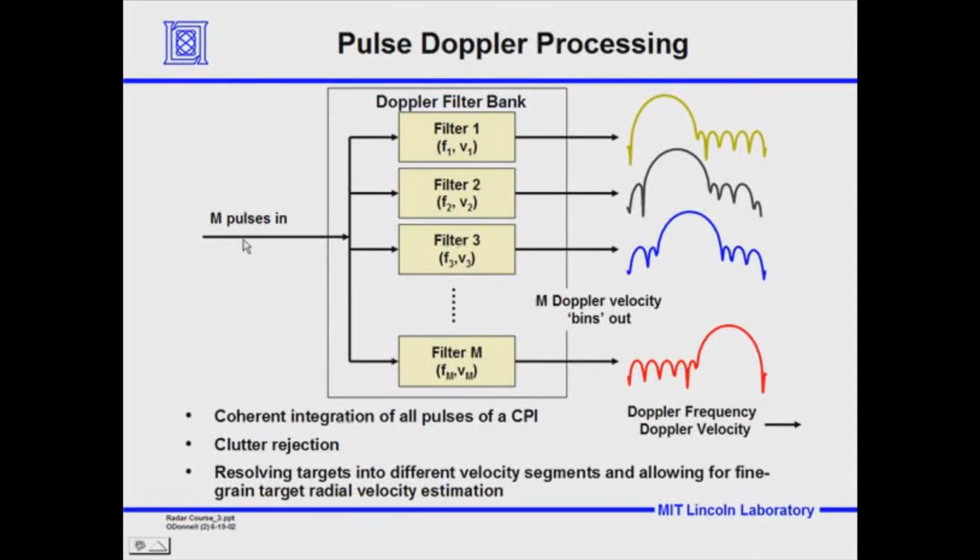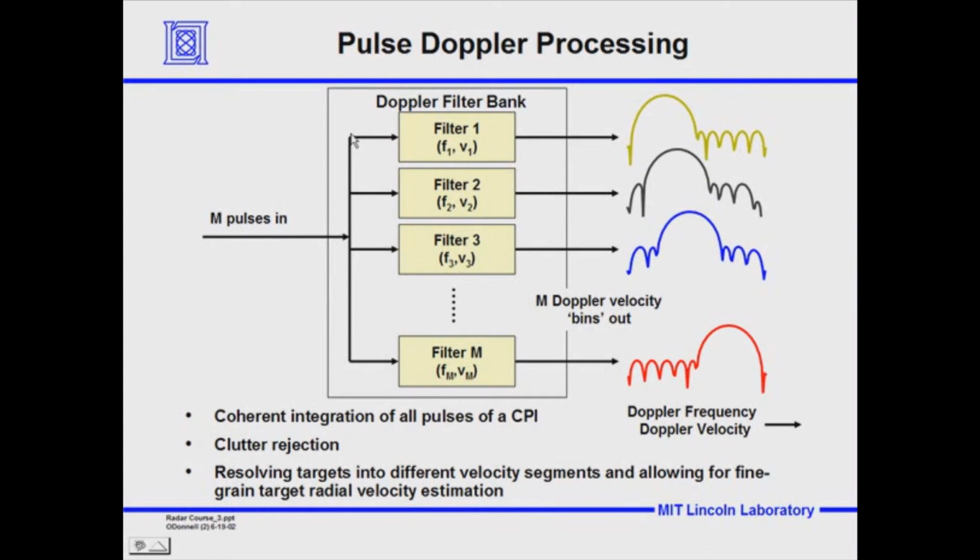Now here we have those M pulses coming in from the memory for one range gate, and they are processed in parallel through different filters. This whole box in processing we call a Doppler filter bank.